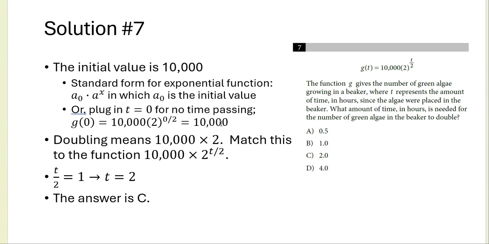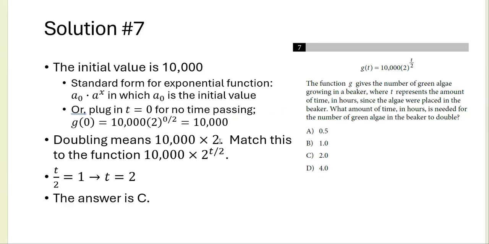Okay? So we're interested in the time when it doubles. So what's twice of 10,000? That's 20,000. So let's write it as 10,000 times 2, actually.